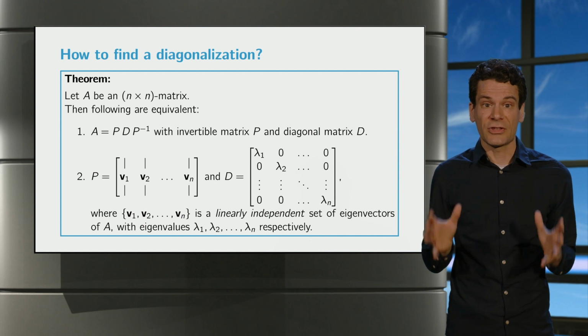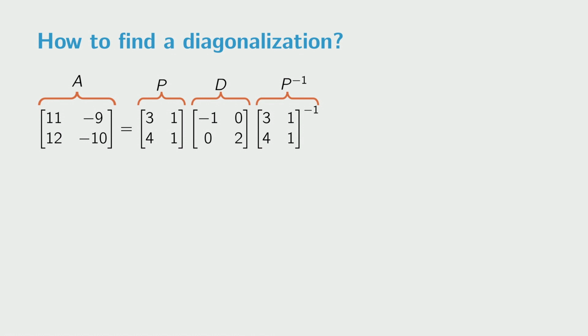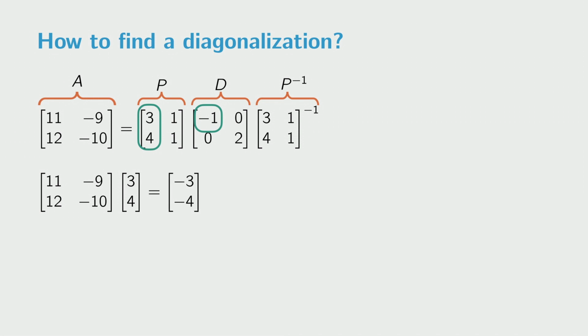For now, let's check that the theorem applies in the example that you saw earlier. The first column of P should be an eigenvector of A with eigenvalue -1. We can easily check this. Matrix A times the first column is equal to the vector -3, -4, which is -1 times the first column of P. So indeed, the first column of P is an eigenvector, and the eigenvalue is the first diagonal element of D. Similarly, the second column of P should be an eigenvector of A with eigenvalue 2.